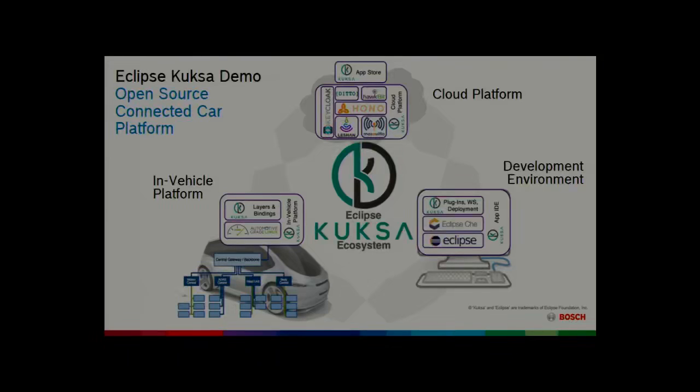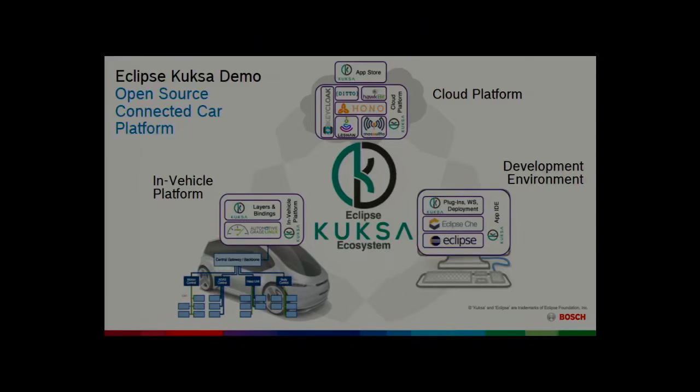You have three parts. There's the cloud platform that you need. Benjamin has already talked about things that are available here, and most of these are Eclipse IoT components. Then you need something in the car.